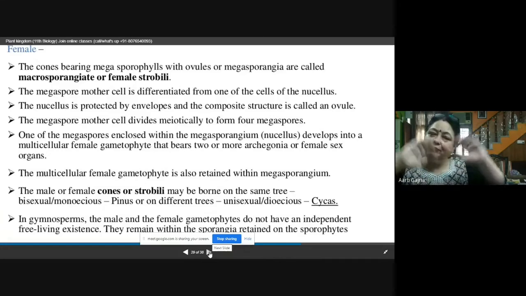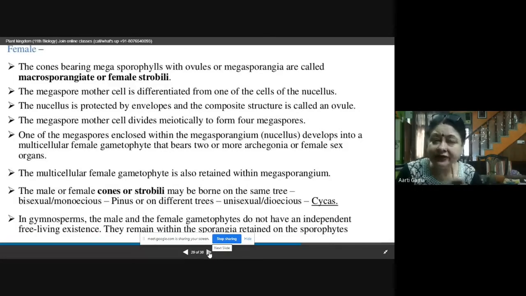So the main plant is one only. It is bearing the cones, the sporangia, and inside the sporangia, the female gametophytes and male gametophytes will be there. There is no free living or independent stage for gametophytes in gymnosperms.